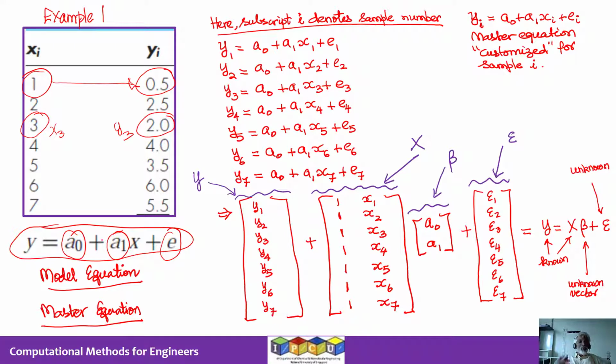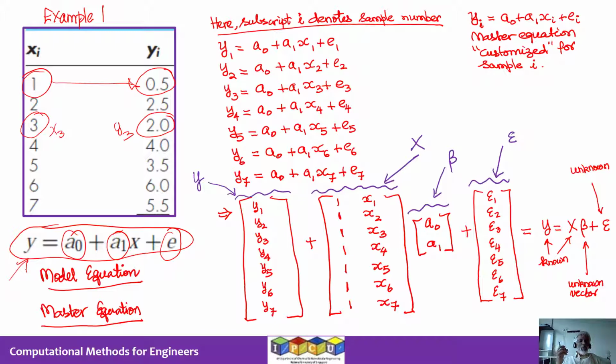So the model equation is y is equal to a naught plus a1 x plus e, and you can refer to it as the master equation, because we would expect that each of those 7 experimental points will obey this relationship, which is given by this model equation or master equation.